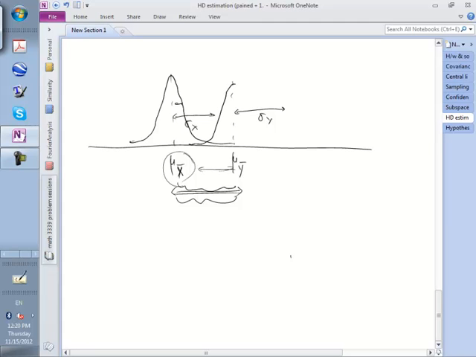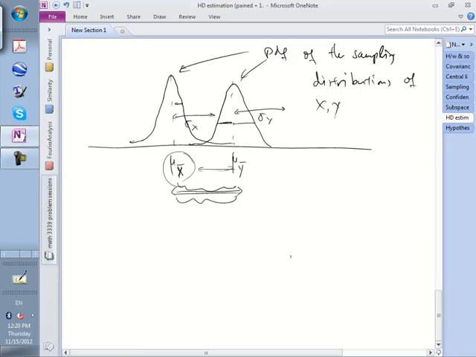Now you see that the curves for the means, called sampling distributions, those are the PDFs of the sampling distributions of x and y, are far apart from one another. You don't have the previous awkward situation.